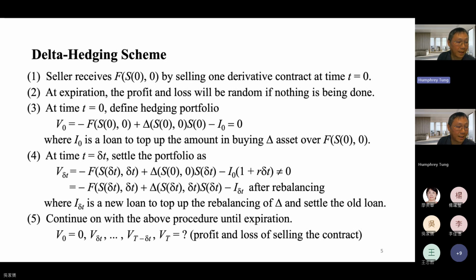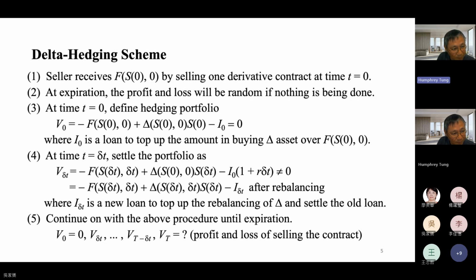So at time 0, immediately right after the seller sells the option and receives the amount, the seller will immediately formulate a delta hedging portfolio. Let's say he is selling one option, as in bullet 3. The portfolio value refers to selling one option.